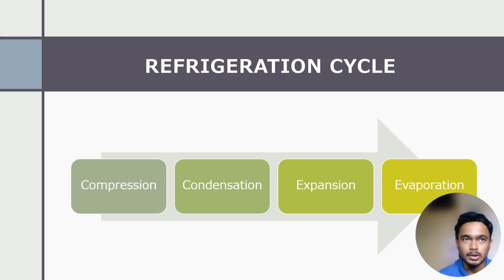In the evaporator, the warm air will lose its heat into the cool refrigerant, thus providing a cooling effect in the evaporator. And then the refrigerant will return back to the compressor, completing the refrigeration cycle.